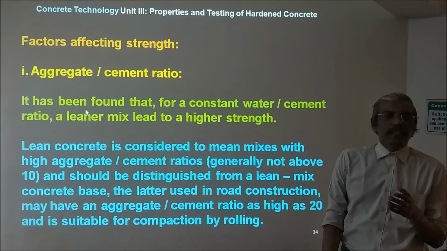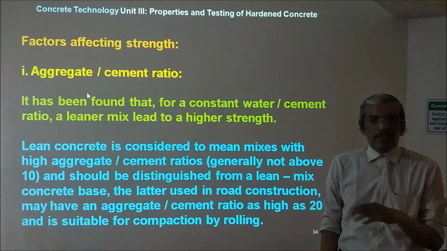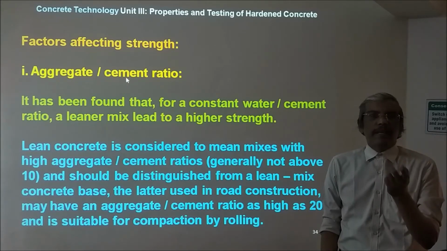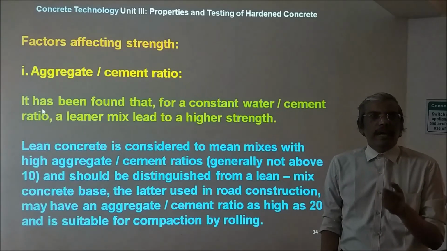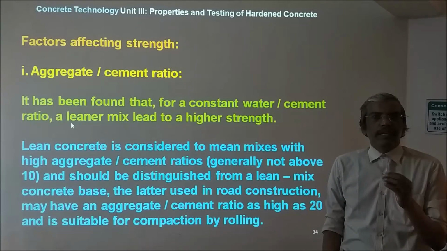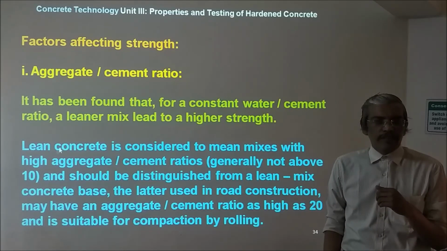So we will see the other factors which are affecting the strength of the concrete. In that, first is aggregate cement ratio. It has been found that for a constant water cement ratio, a leaner mix leads to higher strength of the concrete.